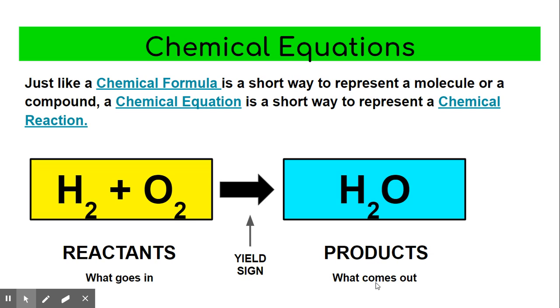Just like a chemical formula is a short way to represent a molecule or a compound, a chemical equation, like you see here, is a short way to represent a chemical reaction. Like I've said before, everything in the universe is made up of the 118 elements on the periodic table.